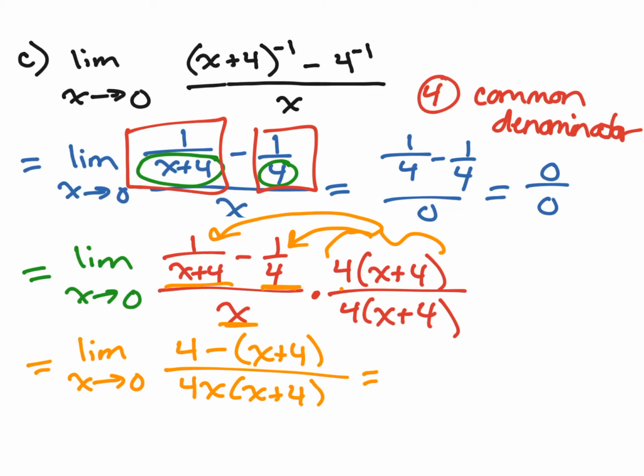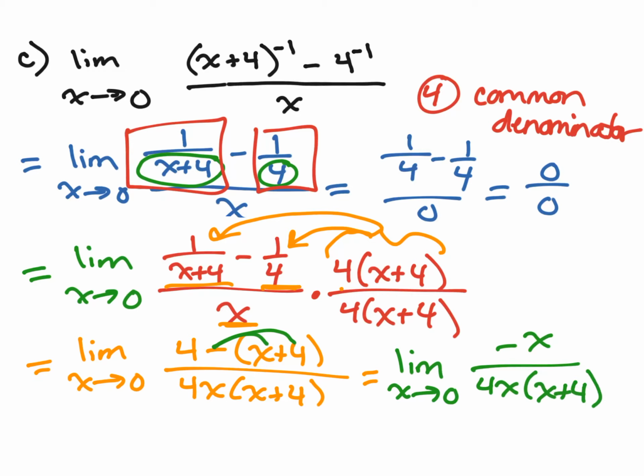Okay, so I put parentheses around this x plus 4 because I want to make sure that I distribute this minus to both of them. And I'm going to get 4 minus x plus 4. Well, that's just minus x. And negative x over x is going to go to negative 1, right?